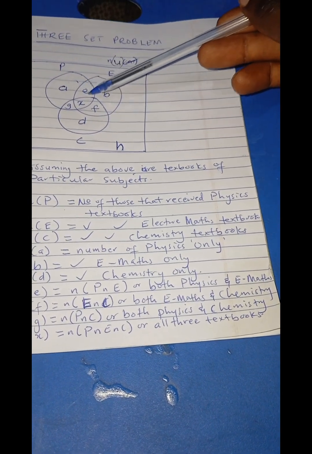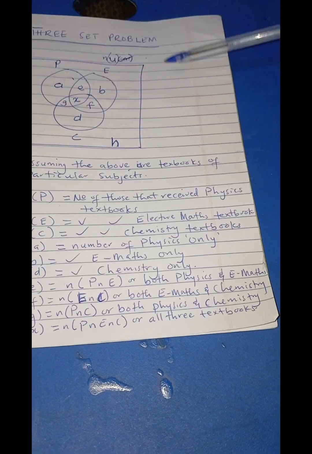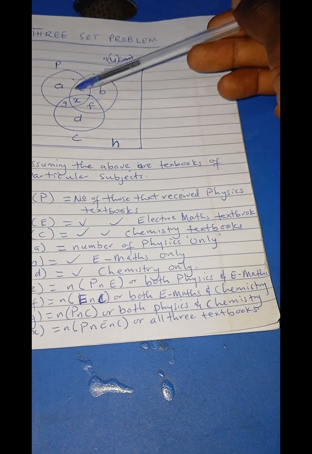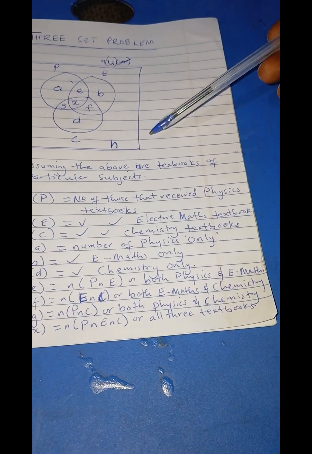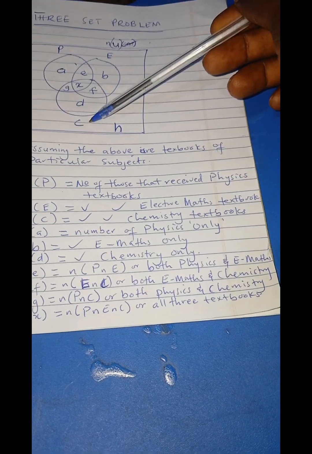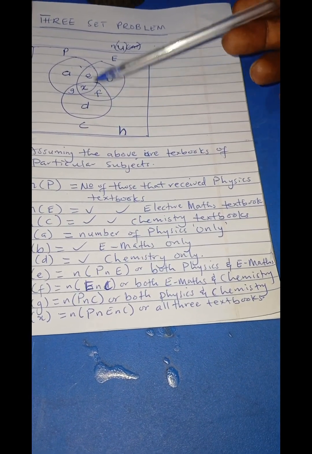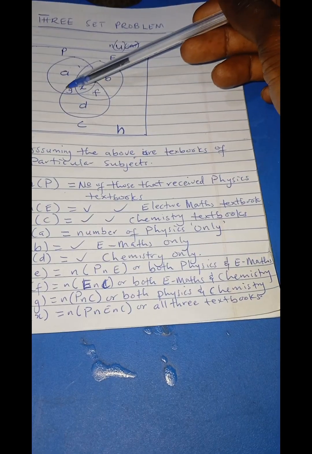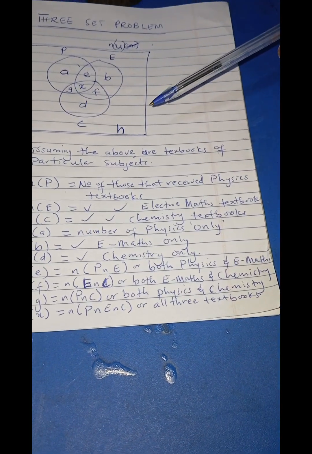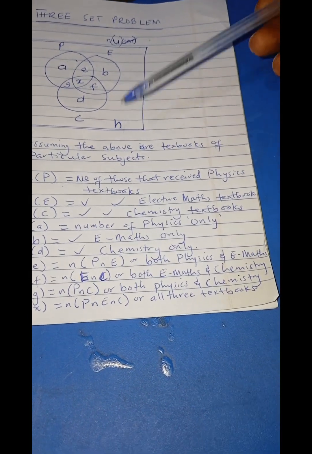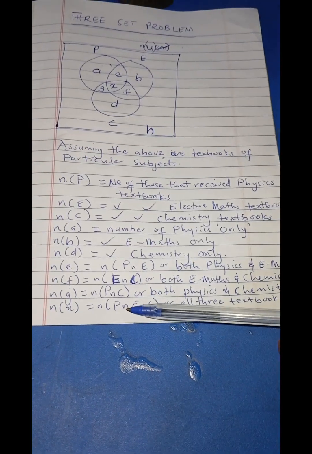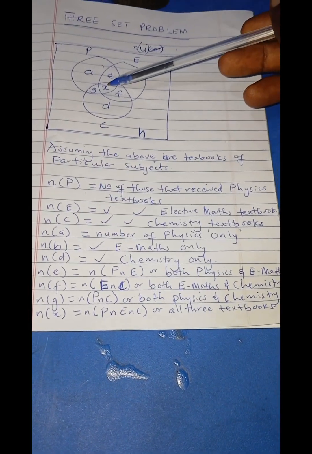So both, don't forget that particular statement: both physics and elective maths is this small part. Both elective maths and chemistry is this small part. Then both physics and chemistry is also this small part.